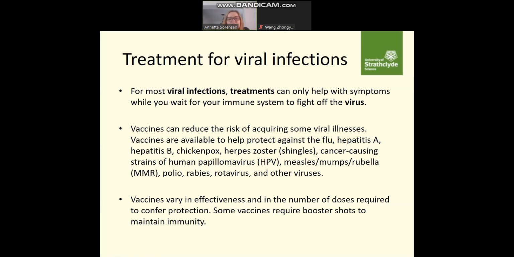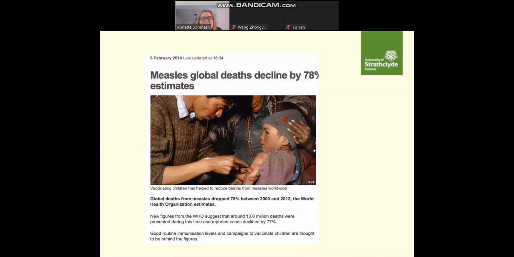Now, vaccines vary in their effectiveness and also in the number of doses that you would require to confer protection or immunity. Some vaccines require a booster shot to maintain the immunity. Here is an example of a disease, measles, which is caused by the measles virus.